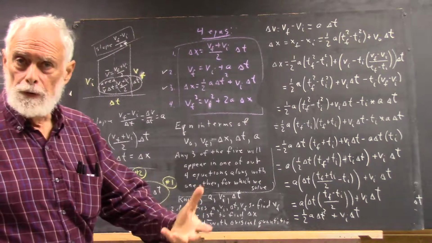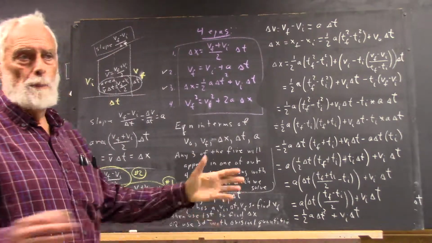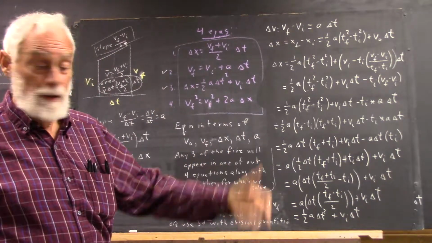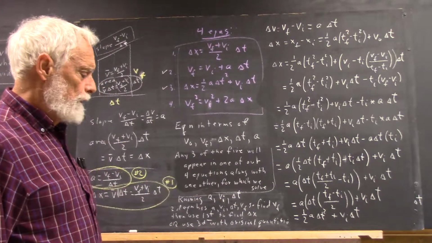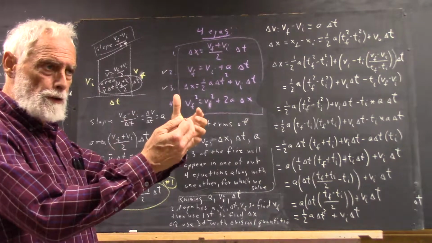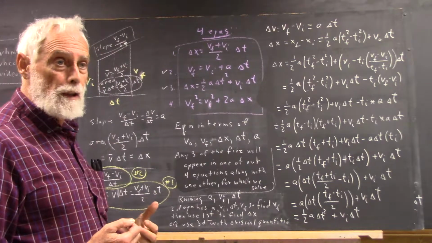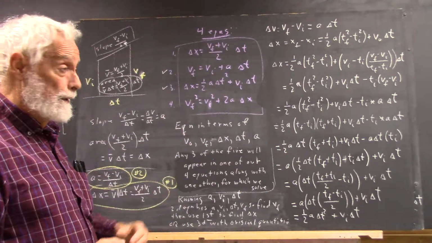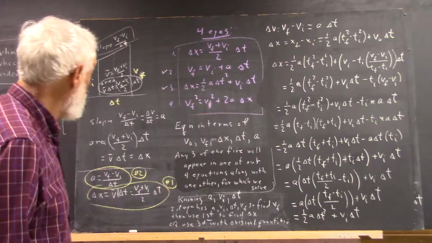Now, if we interpret the slope, what is the slope of a v versus t graph? Well, you might remember that it is the acceleration, but what's the definition of acceleration? Well, average acceleration is change in velocity divided by change in time, right? It's the rate of change of velocity with respect to time. Instantaneous acceleration is a derivative of velocity with respect to time.